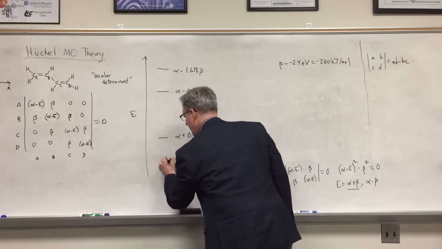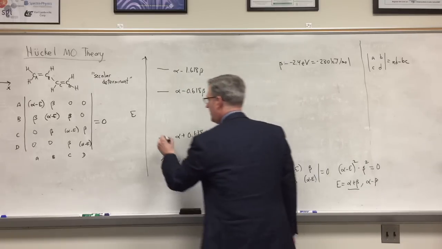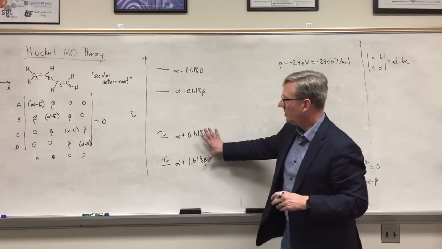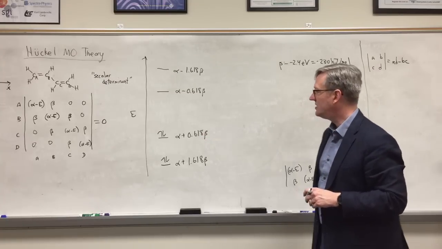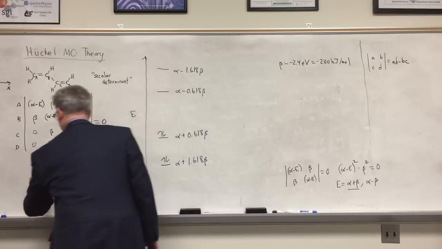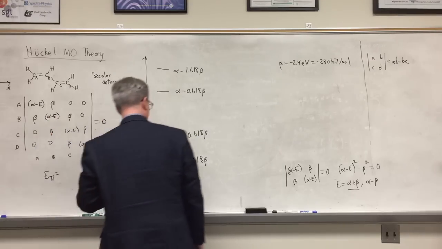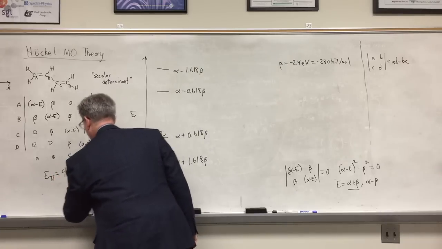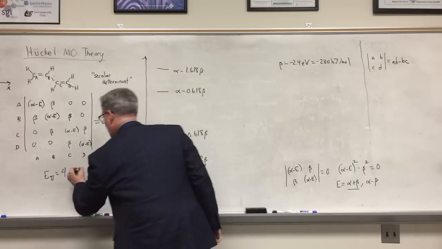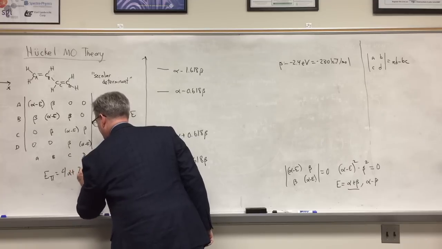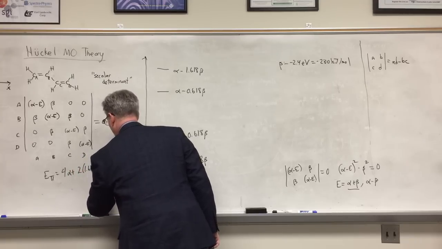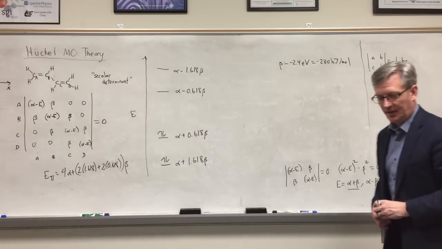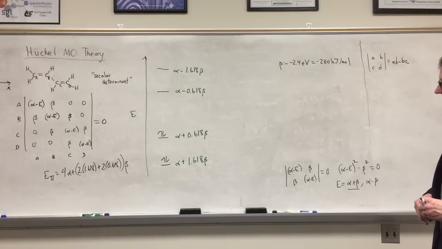I can therefore put 2 electrons in alpha plus 1.618 beta and 2 electrons in alpha plus 0.618 beta, and that gives me my total energy of the system, the ground state I should say, for a pi electron energy of 4 alpha plus 2 times 1.618 and 2 times 0.618 beta. So that's that total pi electron energy.